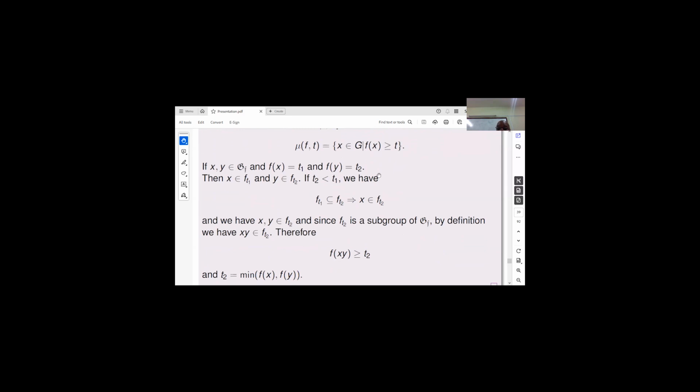If this inequality holds, then this inclusion holds, and that implies that x is in F_T2 because of this inequality.